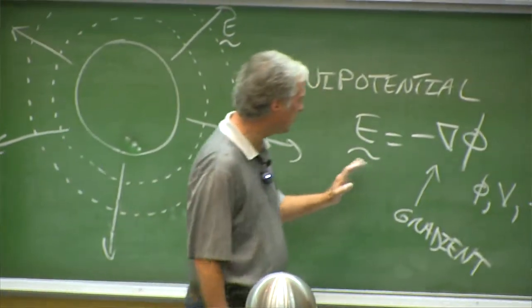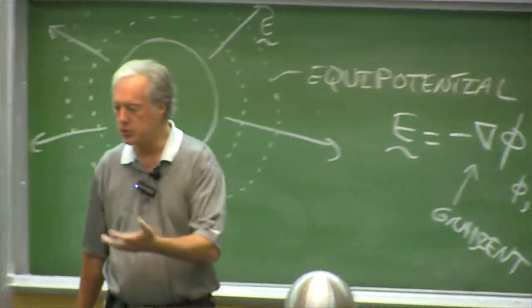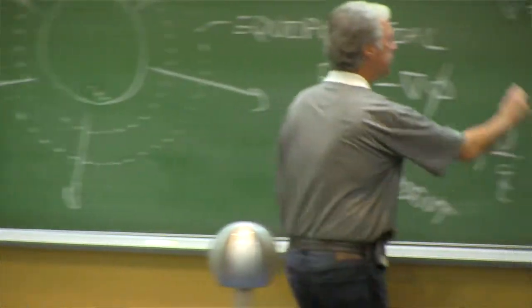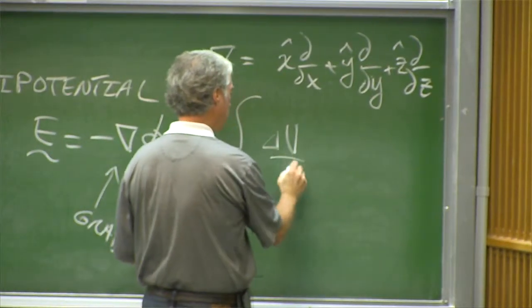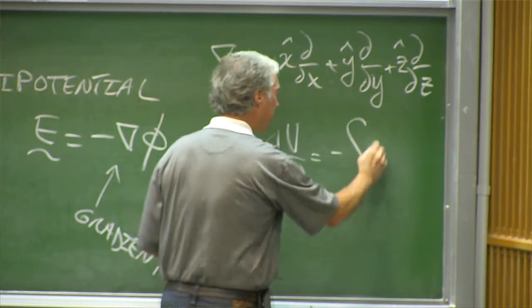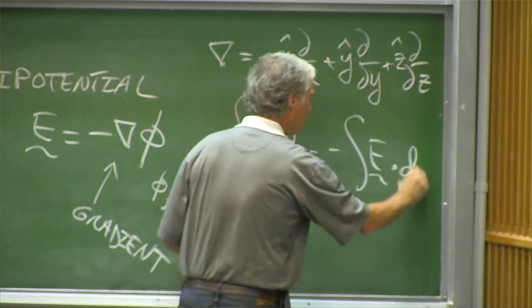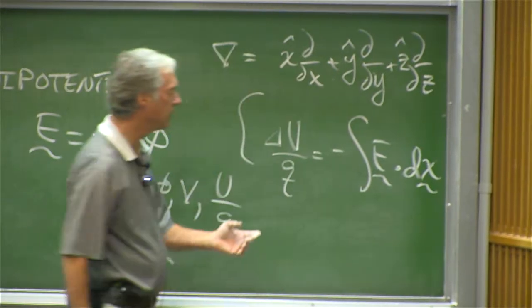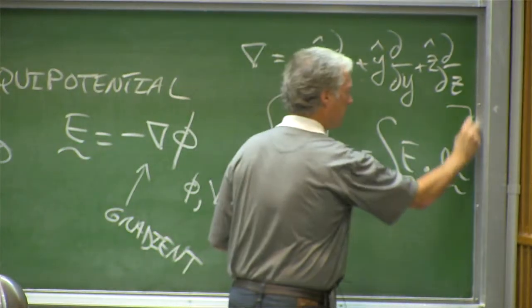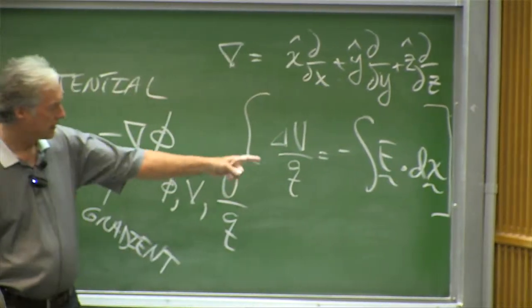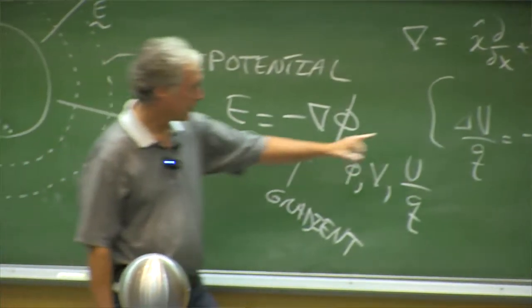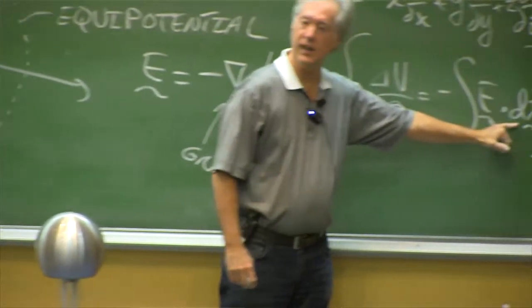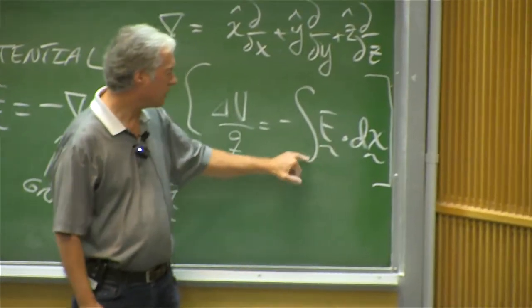What this says is, let's see, didn't we just do that, the work? We had the change in potential per charge was minus the integral E dot dx. Isn't that the same thing as what I've just written here? Here's a change in U, a dx, and all I did was, what does this integral mean?